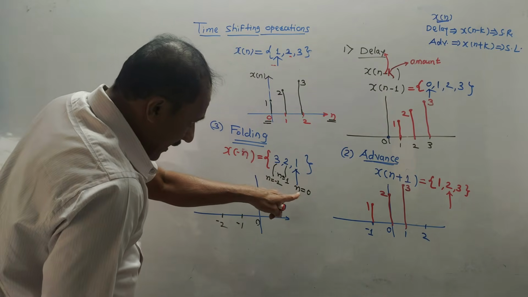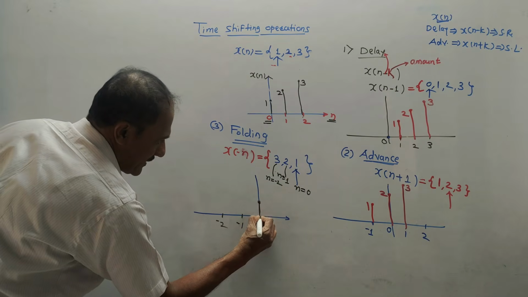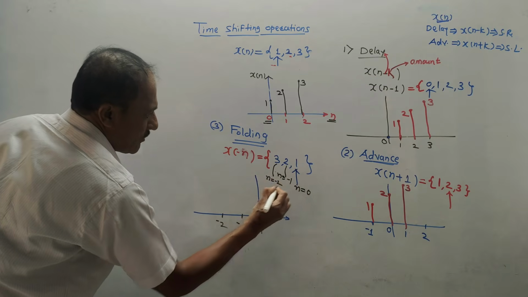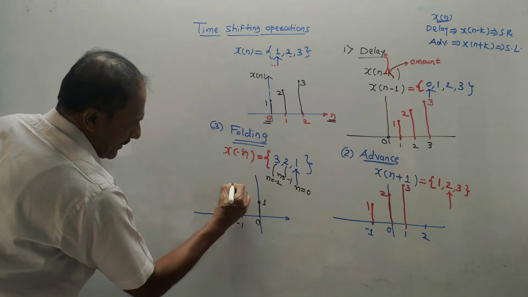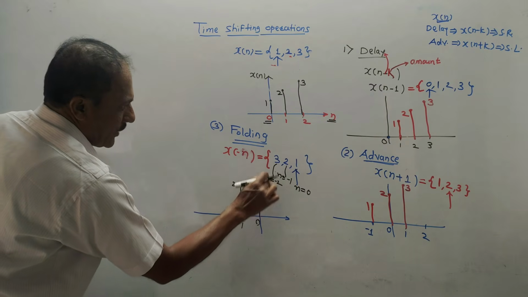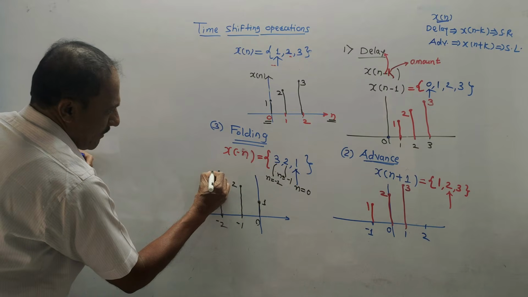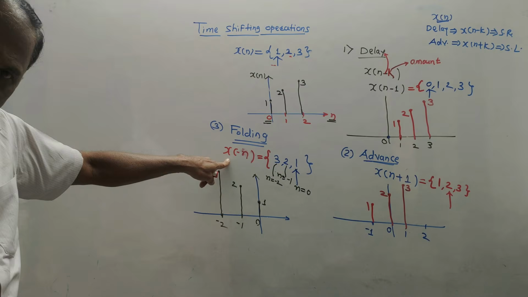Now, at n equals 0, amplitude is 1, so at 0 I will mark the pulse of amplitude 1. At -1, amplitude is 2, so I will mark the pulse of amplitude 2. At -2, amplitude is 3, so I will mark the pulse of amplitude 3. This is the folded sequence x of minus n.